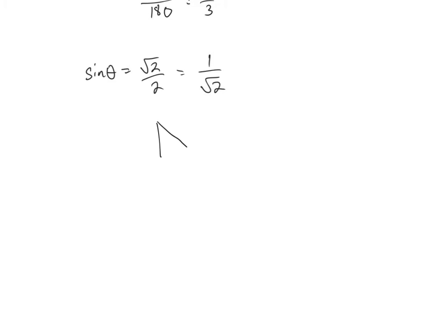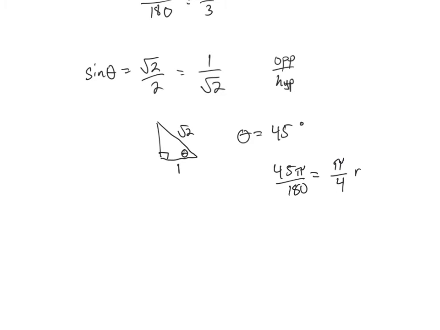So my sine, so it's opposite over hypotenuse. And this is always root 2. When this is 1 here, both of them are 1. So this could be theta. So I know theta has to be 45 degrees. If I want it in radians, I just got to divide by 180 times by pi. This gives me pi over 4 radians.